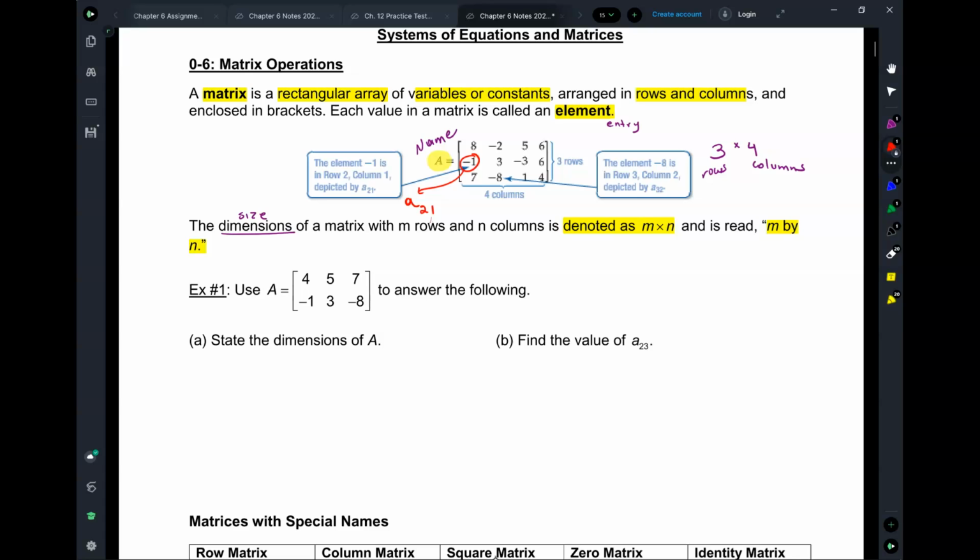Little a, 2, 1. 2 for the second row, 1 for the first column. So now let's do this one, -8. Which row is that in? Third row. So it's a 3, second column, 2. You don't have to put a comma. We understand that it's not 32.